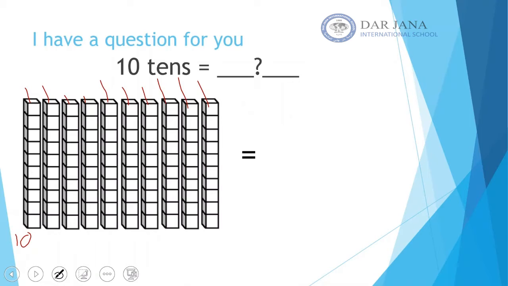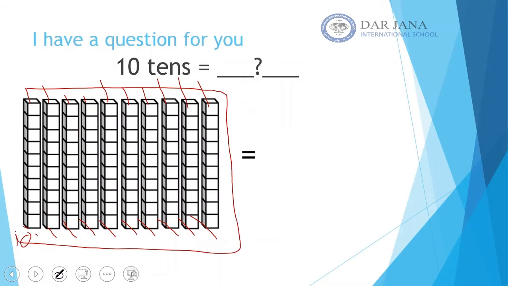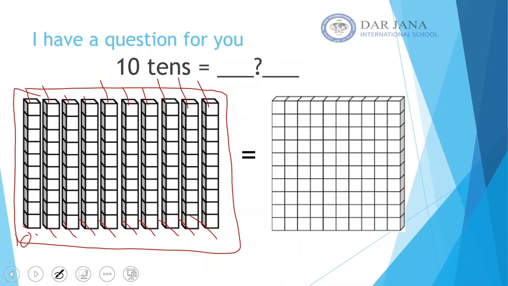If each one of them equals 10 ones, let's count. 10, 20, 30, 40, 50, 60, 70, 80, 90, 100. So, when I group 10 tens together, I will get 100.